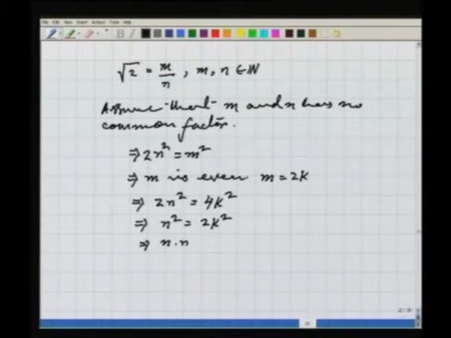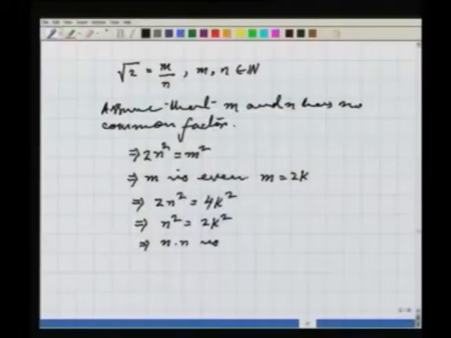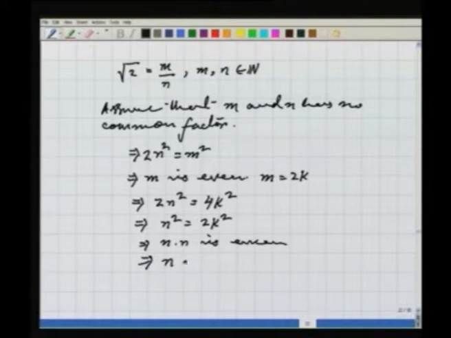But again I know that the product of two natural numbers which are odd has to be odd, but this is even. That means n itself is even, which implies n must be some 2p.